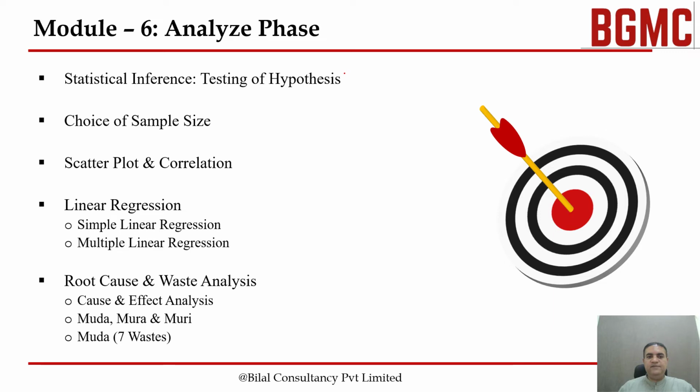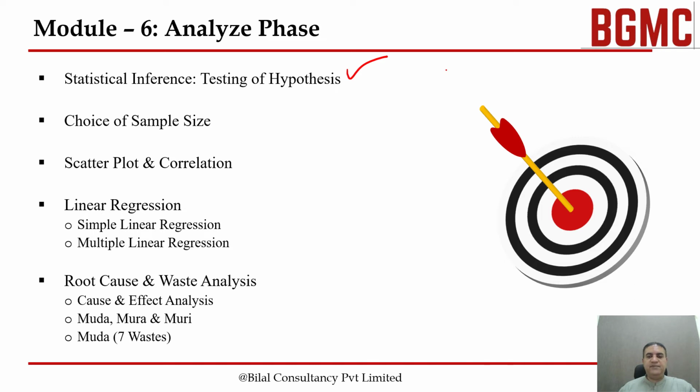We can start from testing of hypothesis. In the measure phase, we saw the descriptive statistics. If you remember, when we were talking about descriptive statistics, we said we cannot make the final conclusion based on the descriptive statistics. We can only hypothesize.